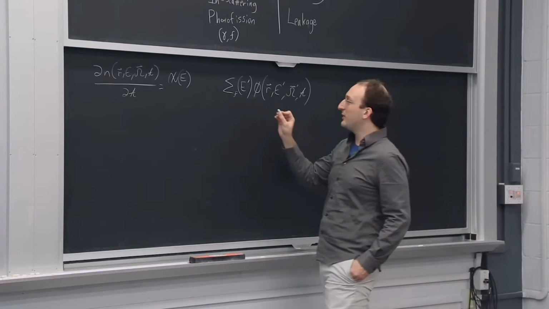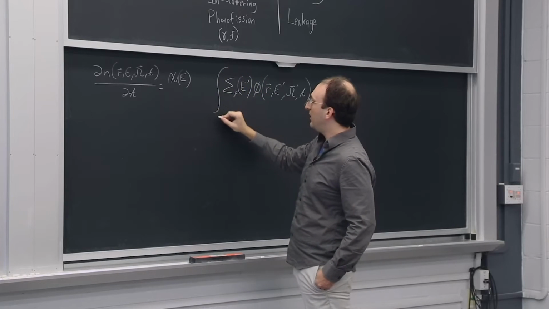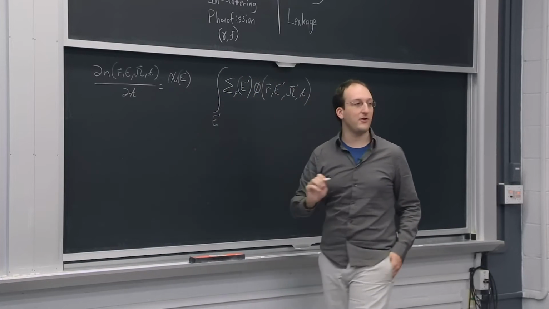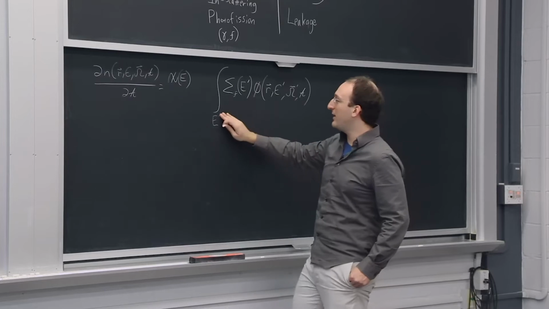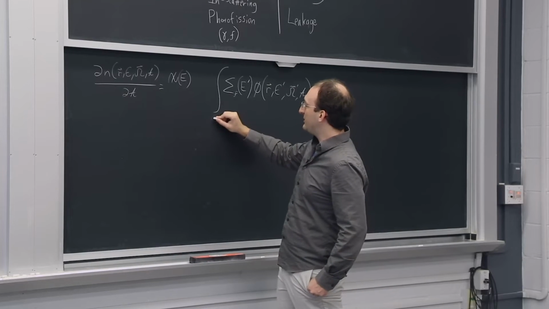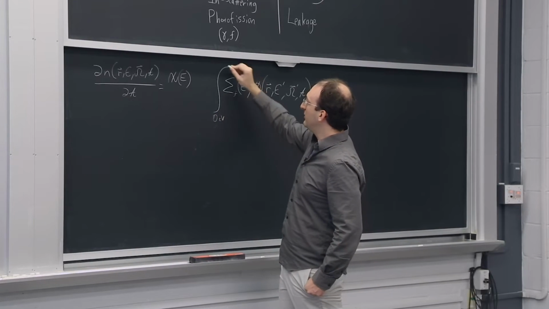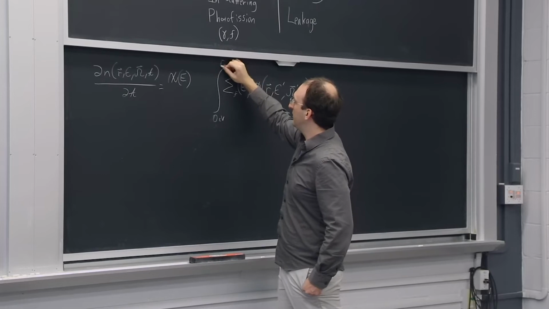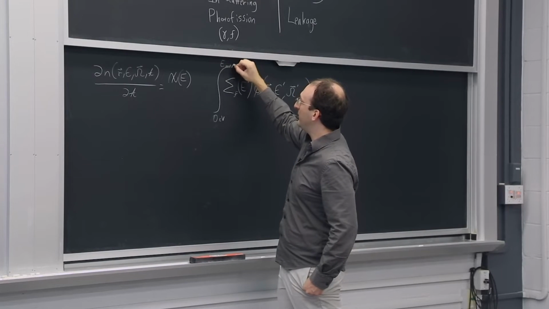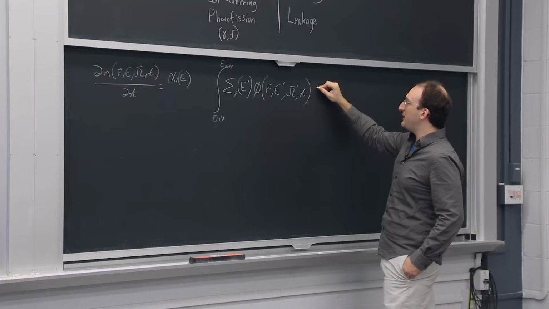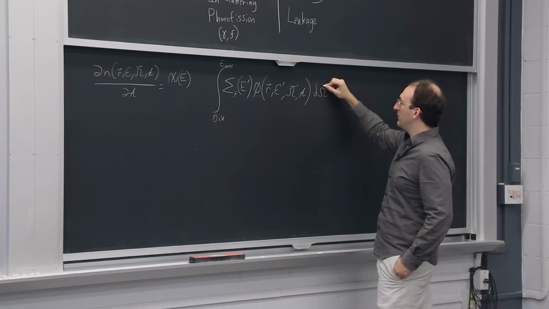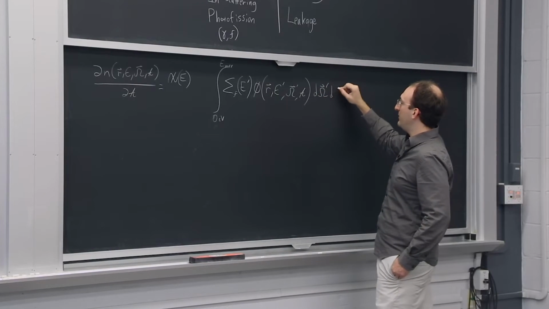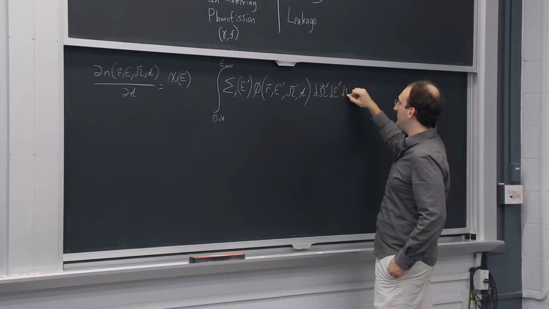And so we also have to account for all possible other energy groups. So if we want to write this right, we'll say this could be as low as 0 eV to our maximum energy. And there's going to be some d omega prime dE prime dV.